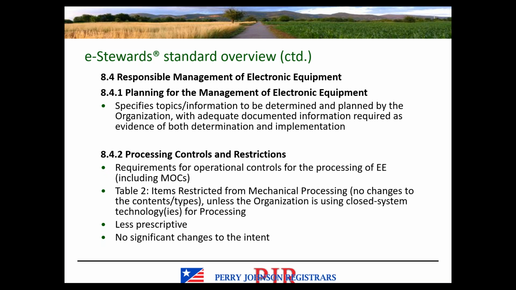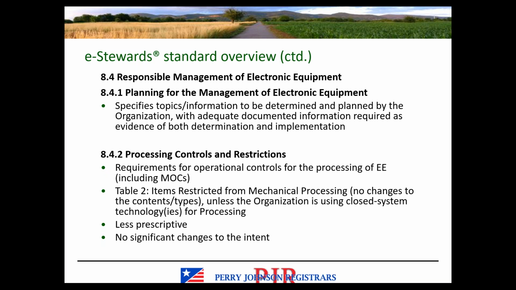8.4.2 covers processing controls and restrictions. The requirements here are related to operational controls for the processing of electronic equipment, including materials of concern. There's a table in this section related to items restricted from mechanical processing.